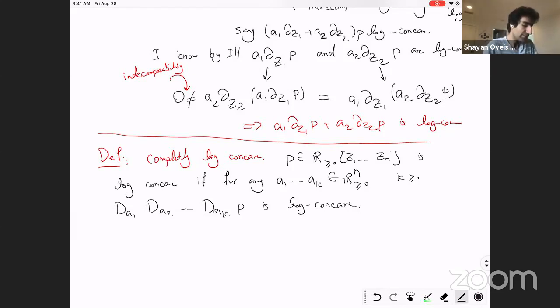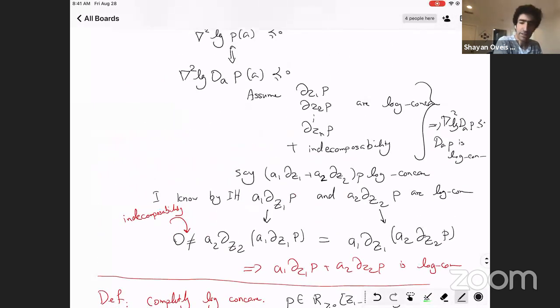Now the question is, how would you show that the polynomial is completely log concave? It turns out that the same proof shows that the polynomial is completely log concave. Because remember that in the sketch I was discussing right here, we actually showed that the directional derivative of p along any a is log concave as well. So basically you can follow the same proof.